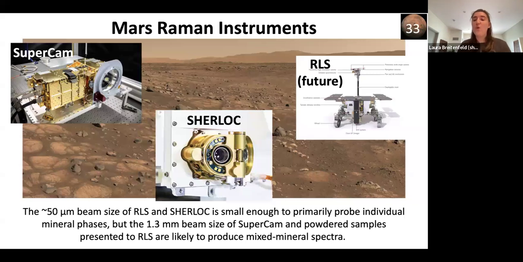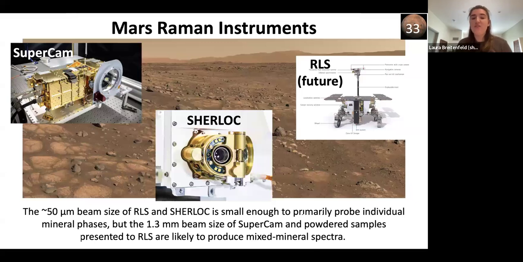So for this study, we need to think about the spot size of these Raman measurements. The volume that the laser interrogates for Raman measurements influences what we can observe. If that beam spot is large enough, we can get spectra with mixed minerals or multiple minerals within that integrated volume.